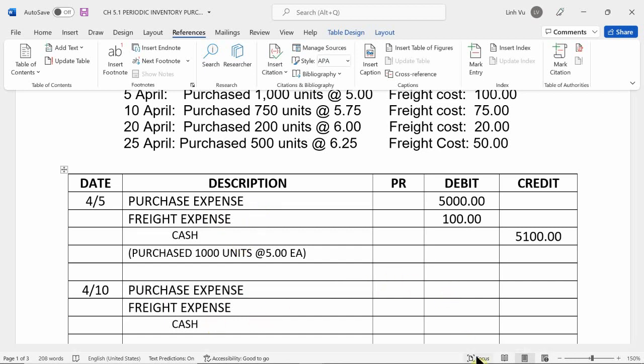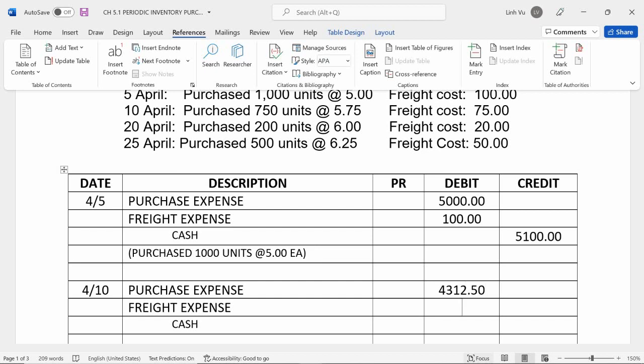How much was my total purchase expense? $4,312.50.